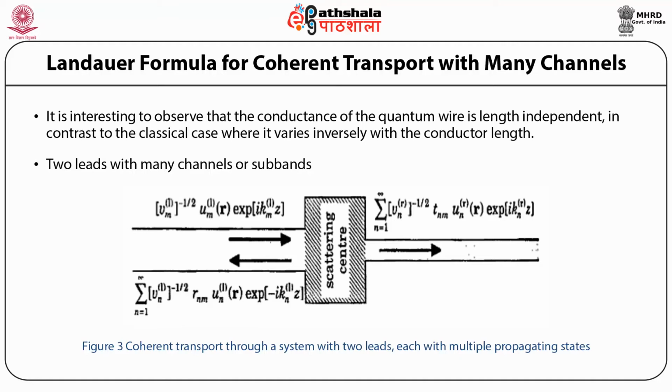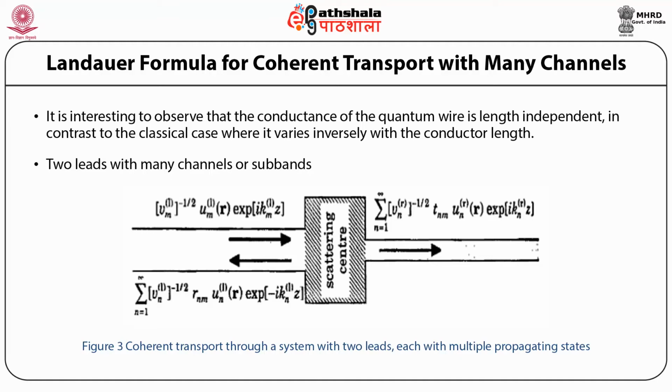So this figure shows a system with extensions beyond one dimension. There are two leads with a scattering center positioned between them, with each lead having several subbands arising from transverse states.